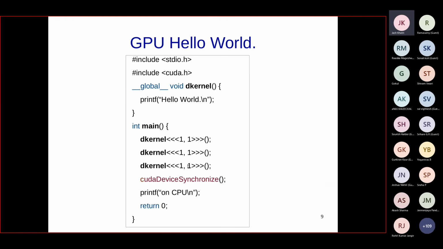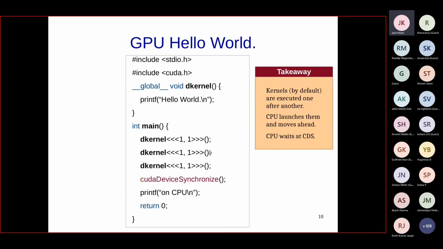So this kernel will be executed first by the GPU, then this second, and then this third. The key takeaway from this slide is that kernels, by default, are executed one after the other. We can change this, but by default they run serially, and we'll see how to change this in a couple of later lectures.